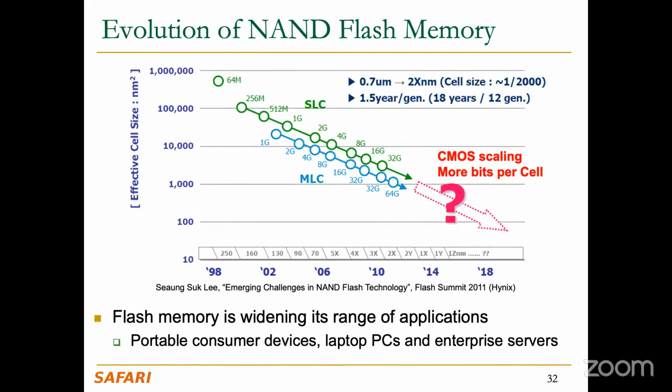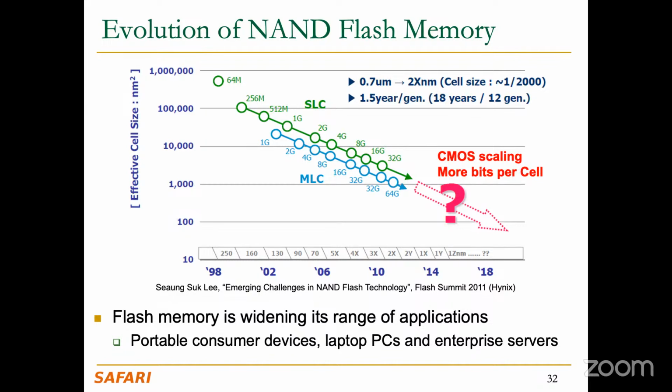This is the evolution of NAND flash memory. In the beginning, we had only SLC architecture, with around 64 megabytes. After some time, SLC flash memory got denser, and the industry could increase density. They also used MLC. As I said, nowadays we also have TLC and QLC NAND flash memory.